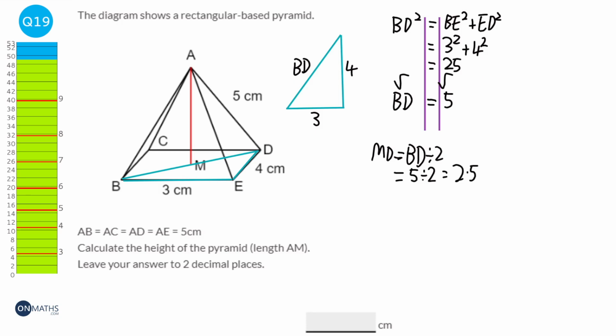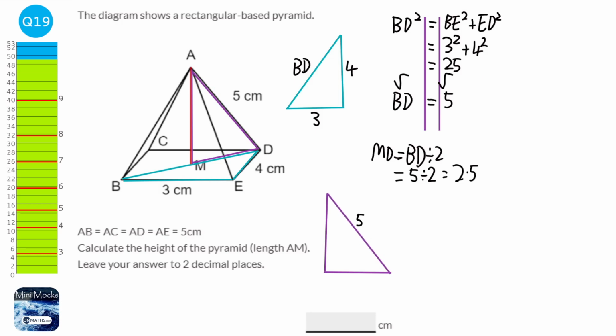Okay, next we're going to draw in another right angle triangle. It doesn't actually matter which side we take. We're just going to take this side because we've worked out what MD is. And let's draw that out down here. Okay, so we've got the length of 5 here. We know the bottom bit is 2.5, and we're looking for the length AM. So another bit of Pythagoras here.